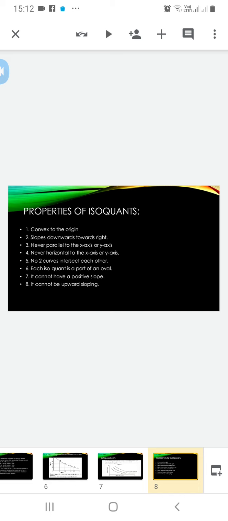This is because the MRTS between the two factors remains the same throughout. In the case of perfect complementary factors, no substitution is possible between the factors and the isoquant is a right angle, as shown in the figure.